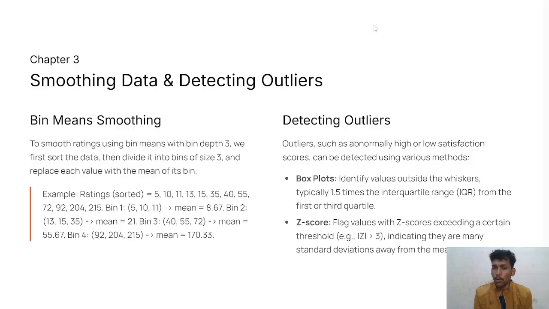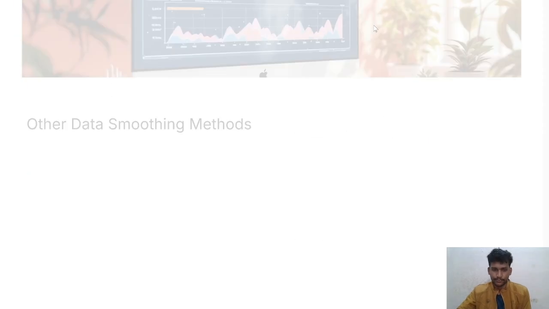First is box plots, identifying values outside the whiskers, typically 1.5 times the interquartile range, IQR, from the first and third quartile. Z-score, flag values with Z-scores exceeding a certain threshold, e.g., |Z| greater than 3, indicating they are many standard deviations away from the mean.